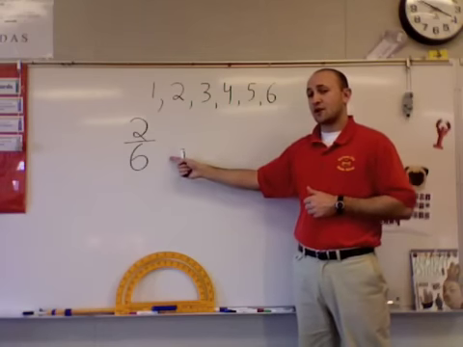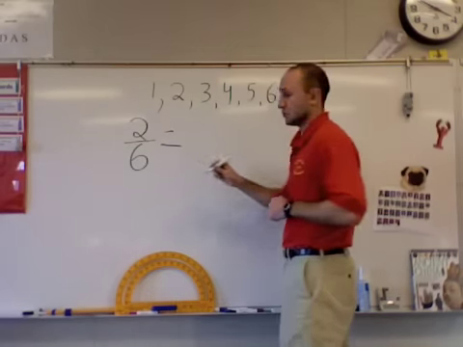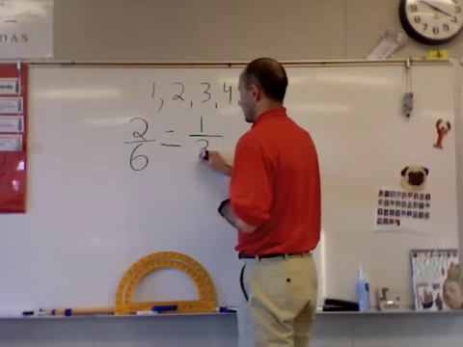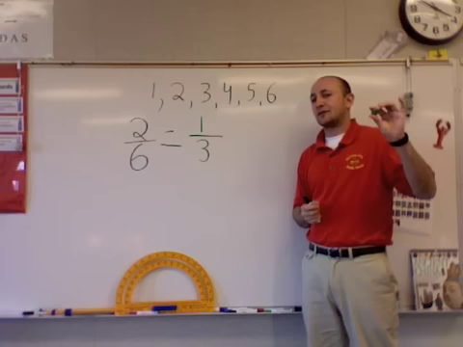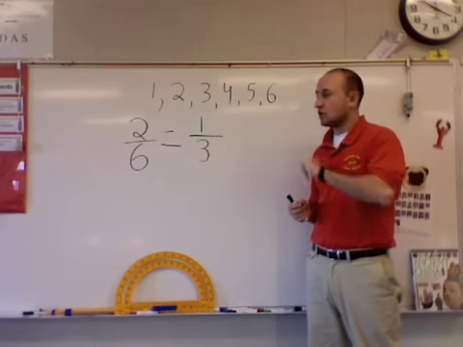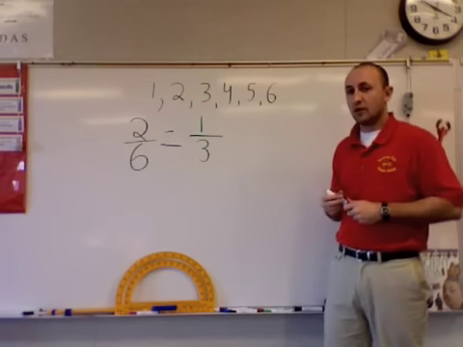Well, I'm going to take this fraction first of all, and I'm going to simplify it. 2 will go into 2 1 time, and it'll go into 6 3 times. So we get 1/3. Now let's say I'm going to roll the die, let's say 200 times, and I want to find out, in rolling it 200 times, how many times will either the 2 or the 4 come up?